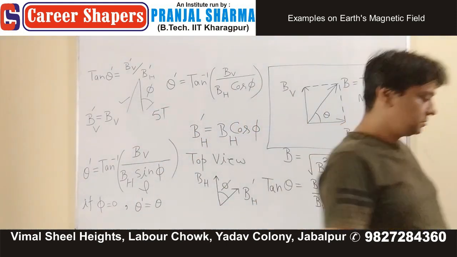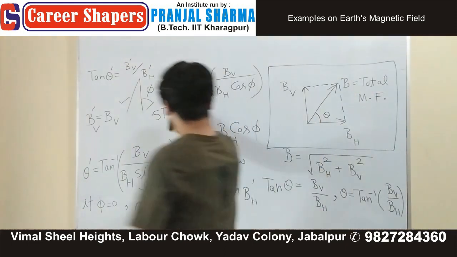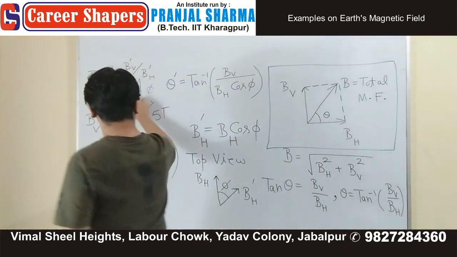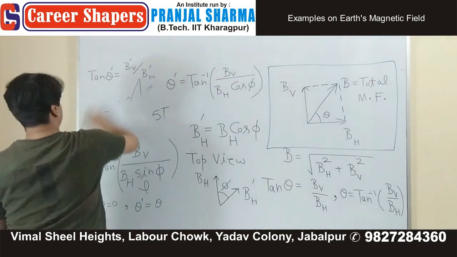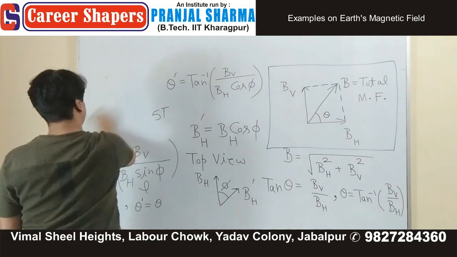Oh, this is too big, but just for the sake of calculation, write down these values. That magnetic field of Earth at some place is 5 Tesla.